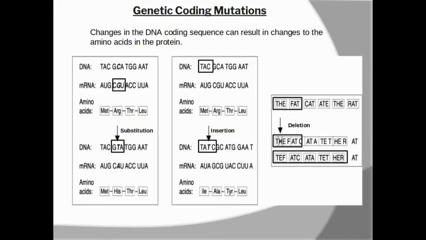Here's some examples of specific coding mutations that were outlined at the very beginning of the last slide. Right here is an example of substitution. When you substitute one base in a sequence, just changing one amino acid will have the effect of changing one of the amino acids in the protein.